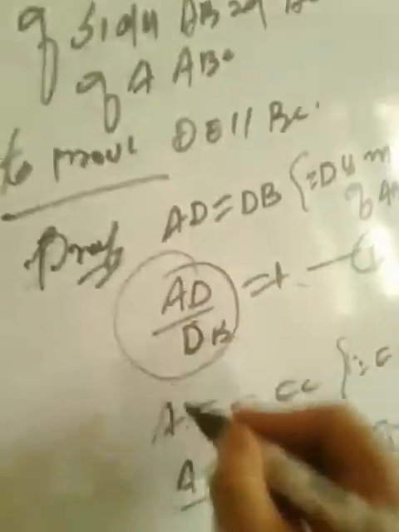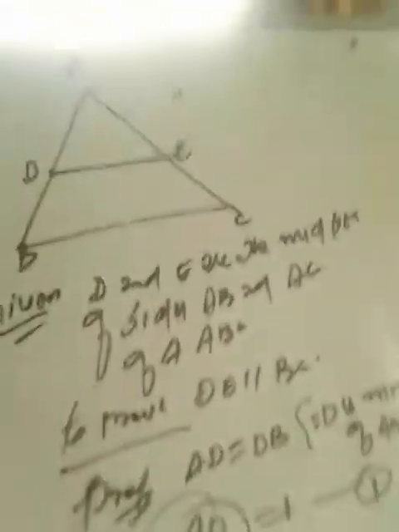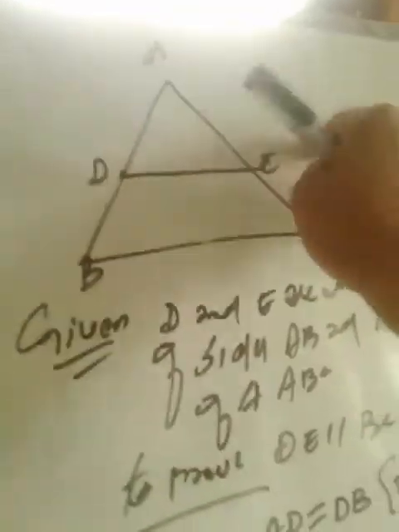So from first and second we get AD by DB equals AE by EC, because both are equal to 1, so their left-hand sides are equal.